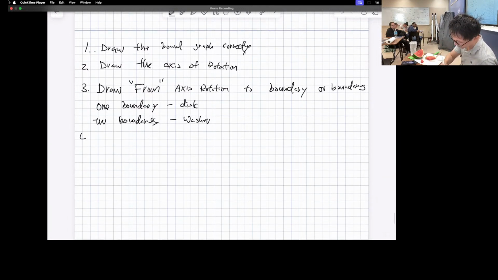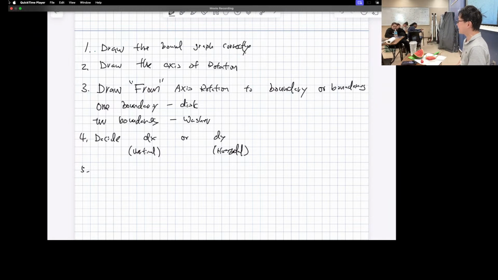Step 4. This is an easy step. Decide dx or dy. dx usually is vertical, and dy is usually horizontal. Step 5.